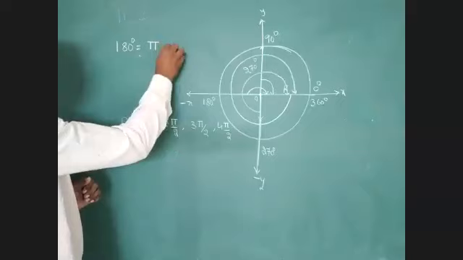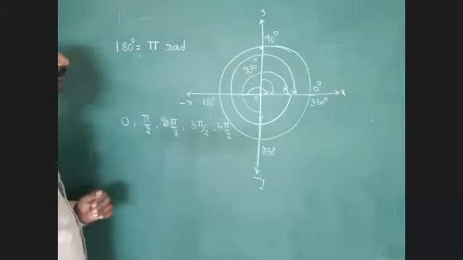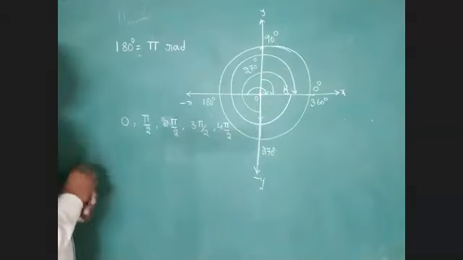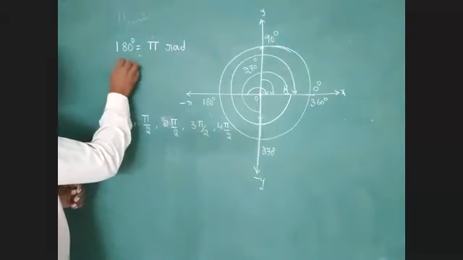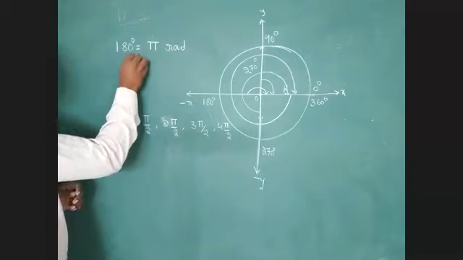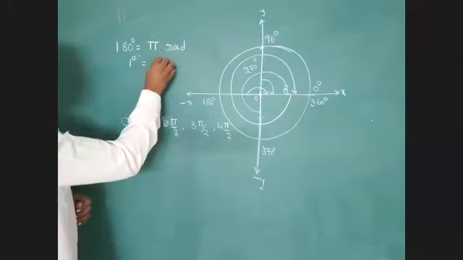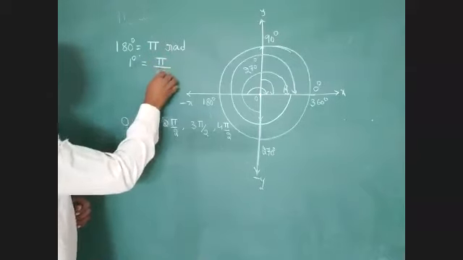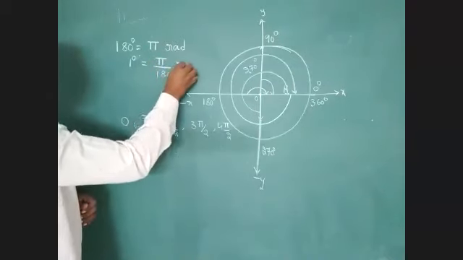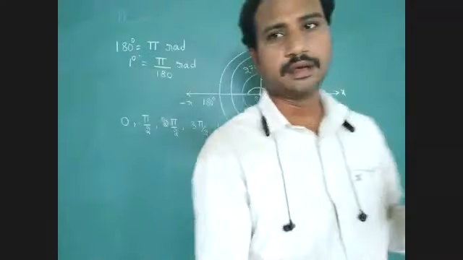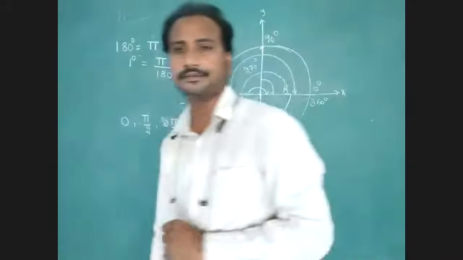Then 1 degree equal to how much? 1 degree equal to pi by 180 radian.